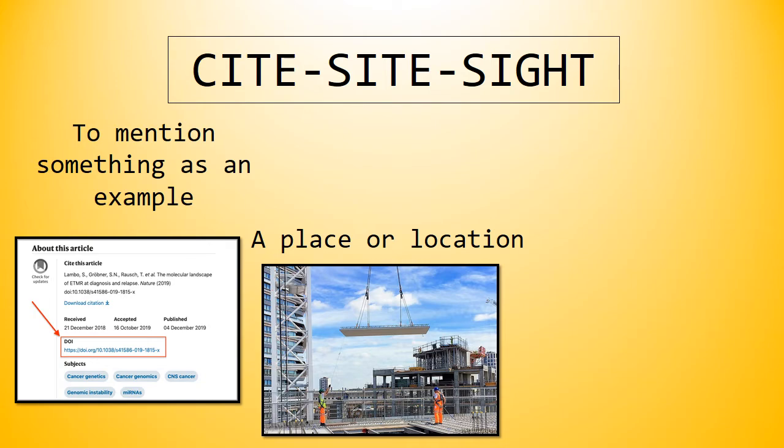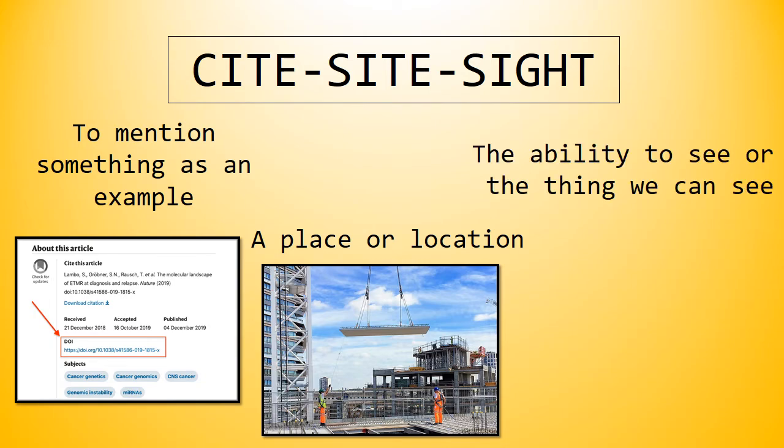And the third word SIGHT acts as a noun and a verb. If it acts as a noun, it means the ability to see. But if it acts as a verb, then it means to see something. How can we use SIGHT in a sentence?